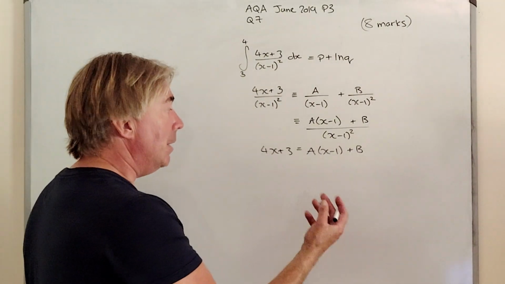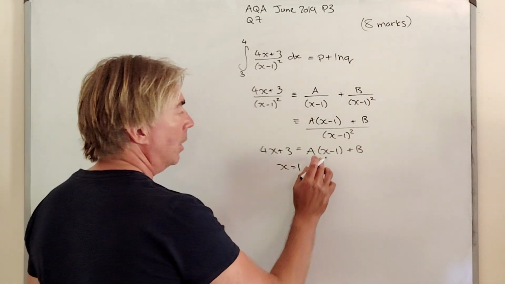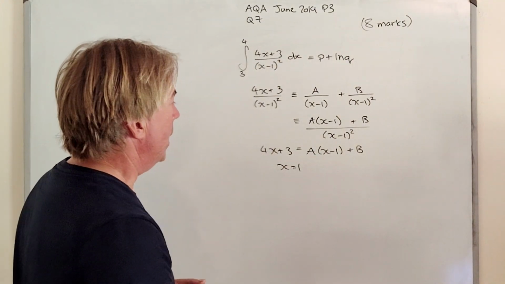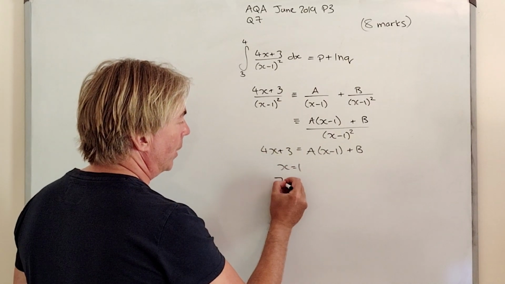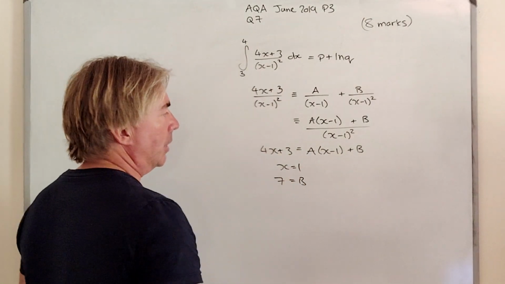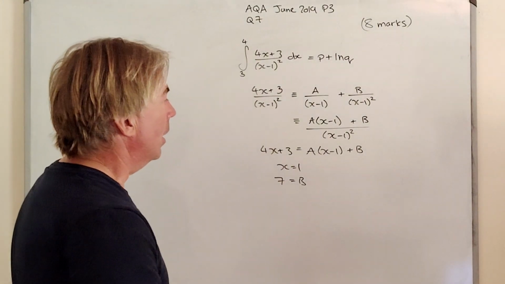Nice and straightforward first part. All we need to do is sub in any value. Logically, if I sub in x equals 1, I'm going to eliminate my a, so I end up with 4 plus 3 is 7, so 7 equals b. So there's our first unknown found.